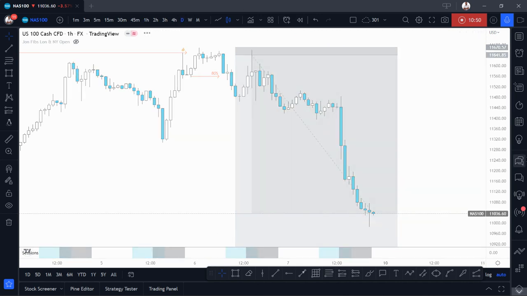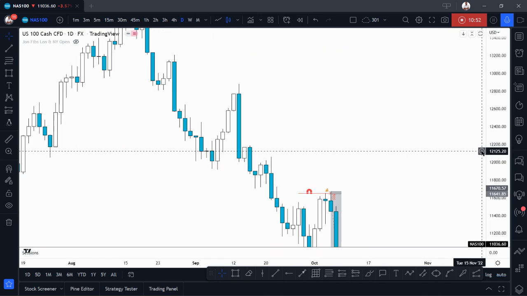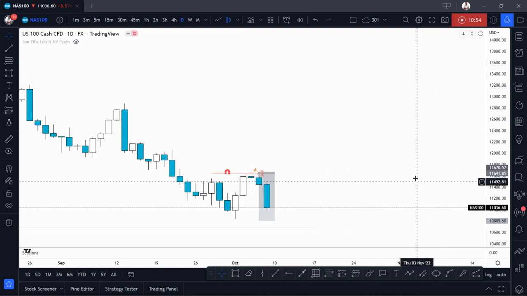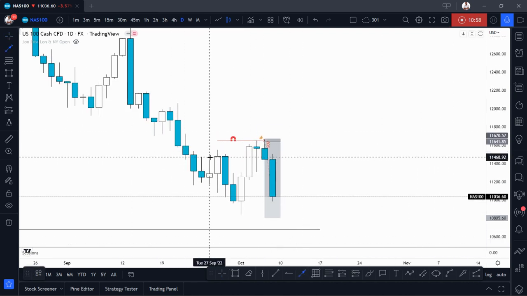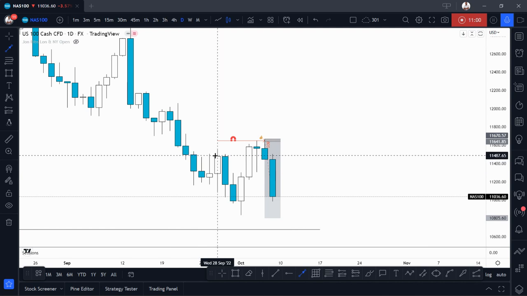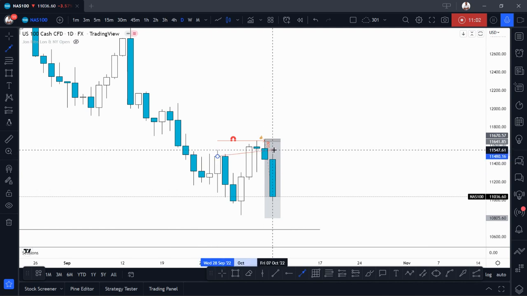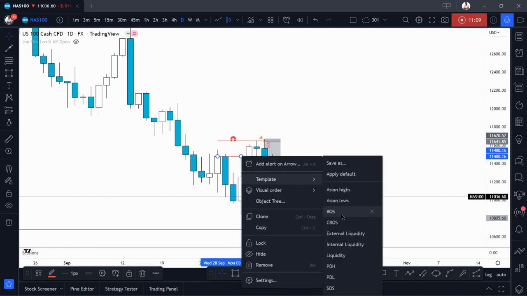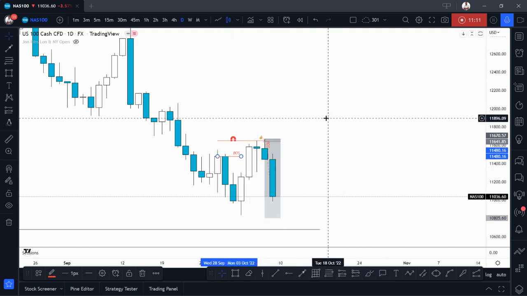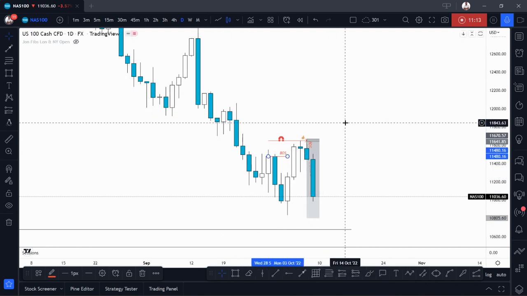The only thing that gives me some little concern is the fact that on the daily time frame, like you can see here, we did break the structure to the upside. So it is very possible that price from where we are now reaccumulates to continue that bullish structure.